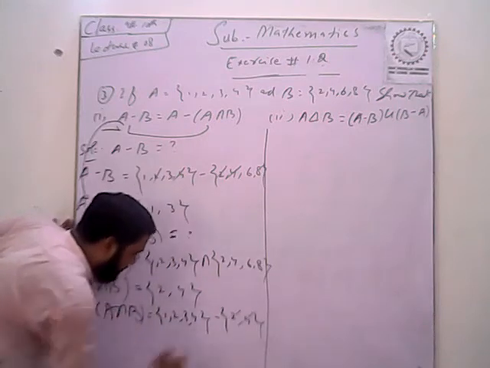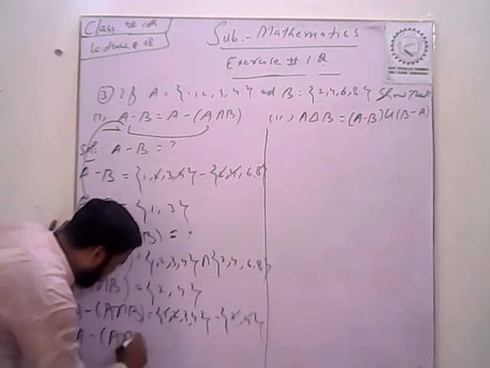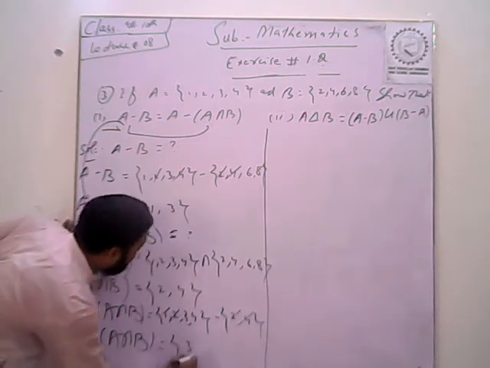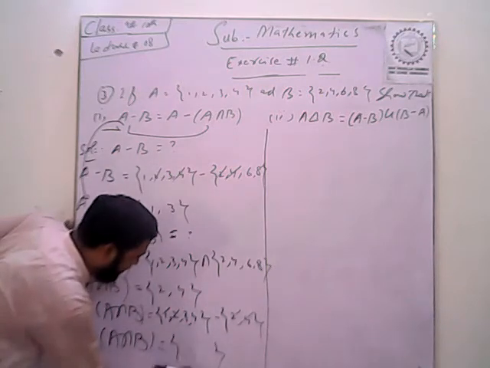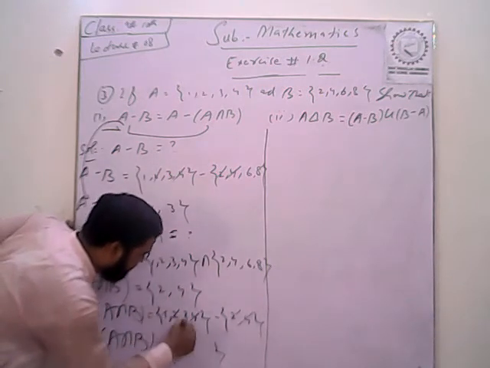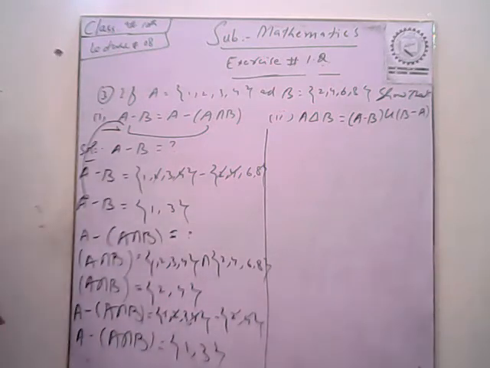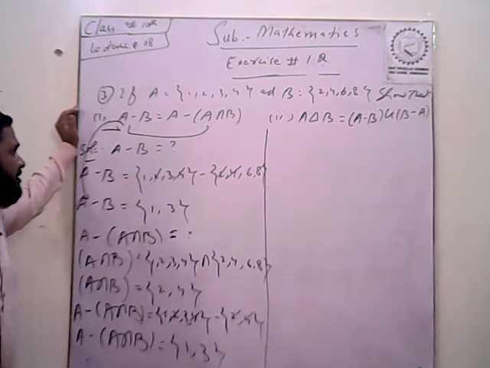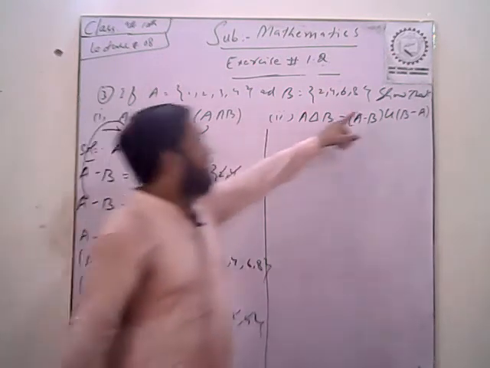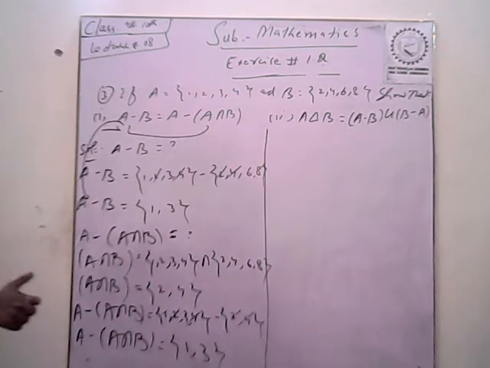So 2 and 4 will be cancelled, and we get 1 and 3. You can see on the board that the left hand side and right hand side are equal. That means we have proved it.